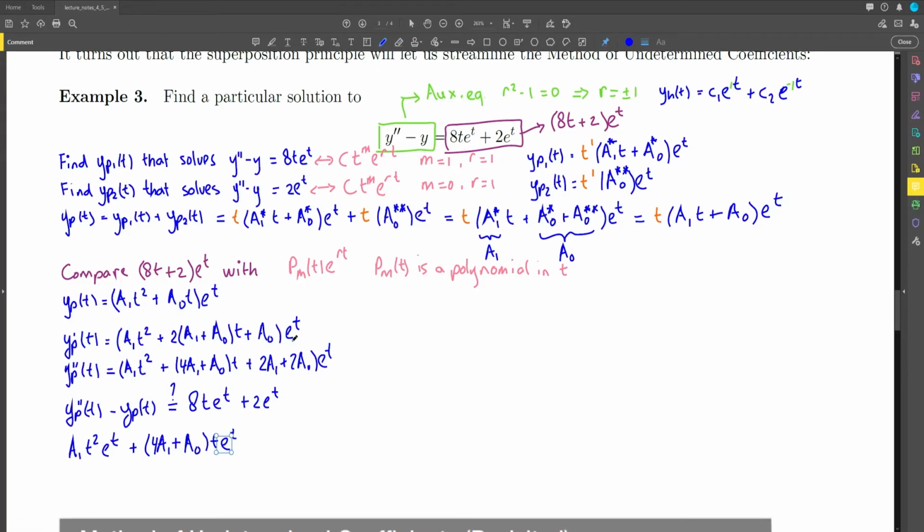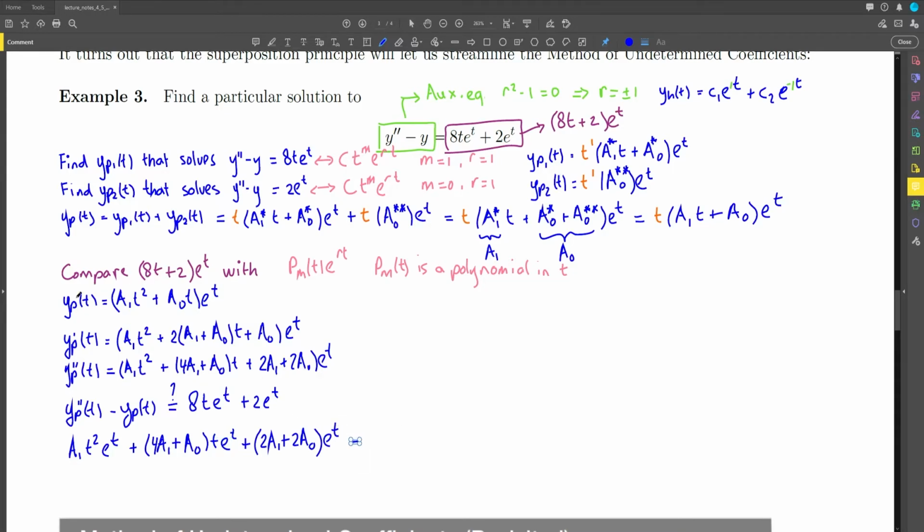I'm going to just distribute that e to the power t, and then plus 2a1 plus 2a naught times e to the power t.